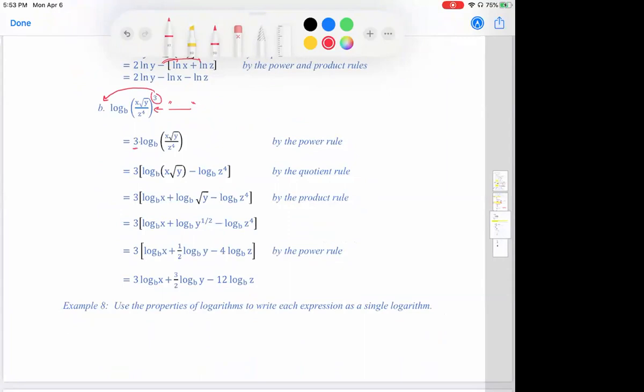So cool, that helps us take it step by step. And now I'm going to work with that division. I'm going to use that subtraction. So I know we'll have x square root of y log minus z to the 4th power. As we see in the next line, log base b of x square root of y minus log base b of z to the 4th power.